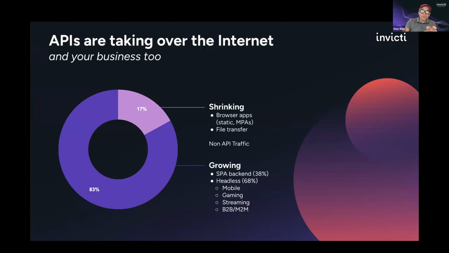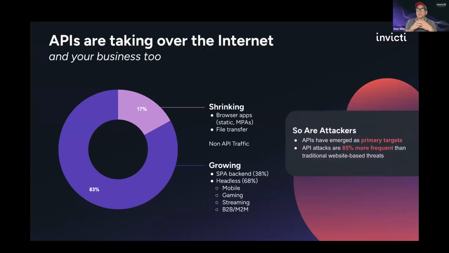And just as we see these things, we also know that today attackers are following right along with it. Today, it's a dominant mechanism for attack strategies, and I guess this follows from attackers knowing where the weaknesses are. APIs tend to have more vulnerabilities or are less stringently tested than, let's say, a typical web app.